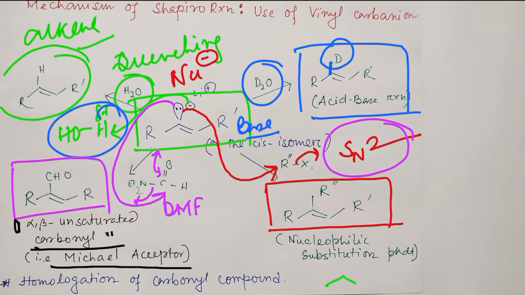Previously we started from a carbonyl, and ultimately we are getting an alpha beta unsaturated carbonyl derivative. So you may consider this one kind of homologation reaction. So this is another versatility or synthetic application of this method, named the Shapiro reaction, which is nothing but the application of the vinyl carbanion.